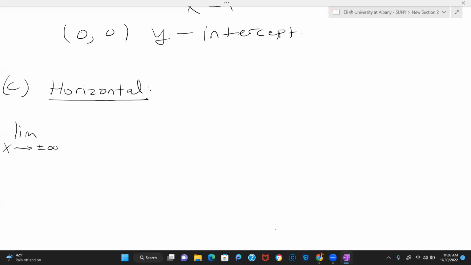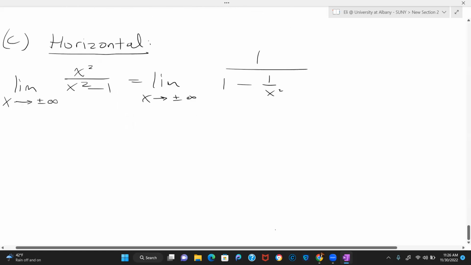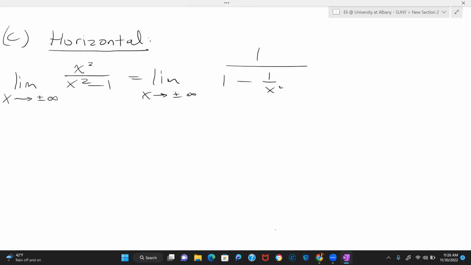So we're taking the limit of f of x, which is x squared over x squared minus 1, as x goes to plus or minus infinity. So for this, you're going to divide by x to its largest power. And when you do that, you get 1 in the numerator, and then the denominator is 1 minus 1 over x squared. And at this point, you can clearly see that as x goes to plus or minus infinity, this term right here goes to 0. So you get 1. So that's the horizontal asymptote.